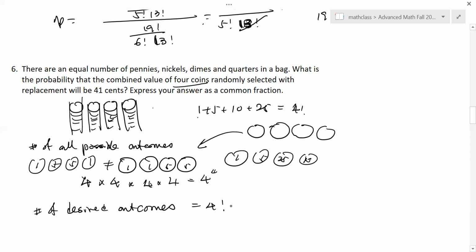So it's 4 factorial, right? You permute 1, 5, 10, 25. So this is 4 factorial.